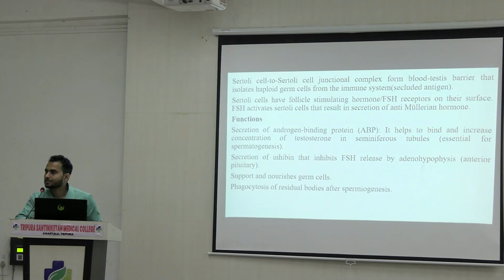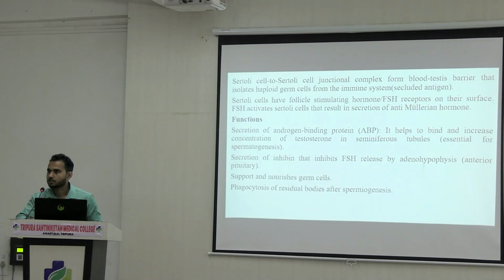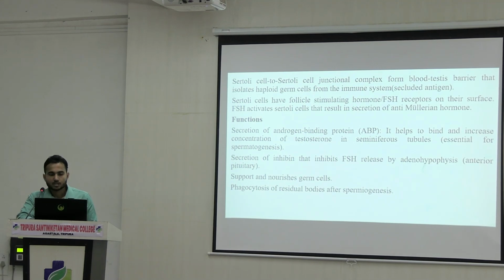So, I have told you that Sertoli cells are there. Now, suppose one Sertoli cell and another Sertoli cell are joined together with the help of a junctional complex, that is forming the blood-testis barrier. That isolates the haploid germ cell from the immune system, and that is called secluded antigen.